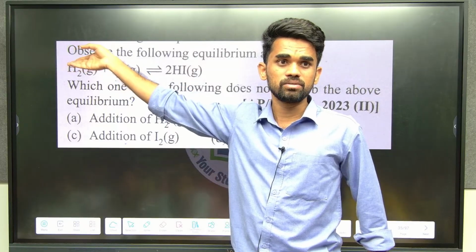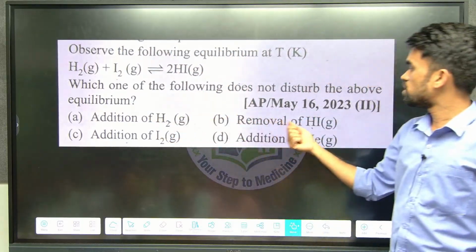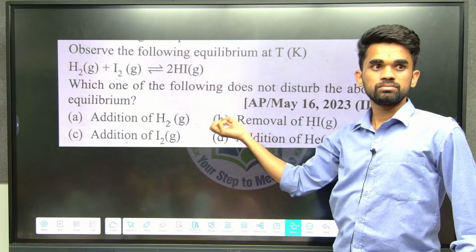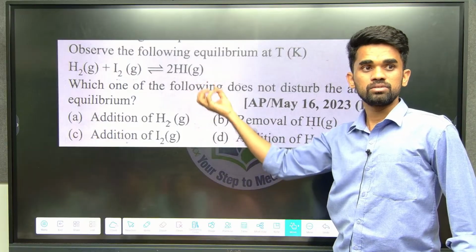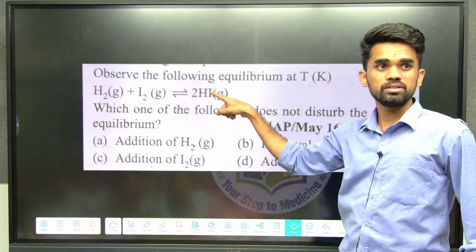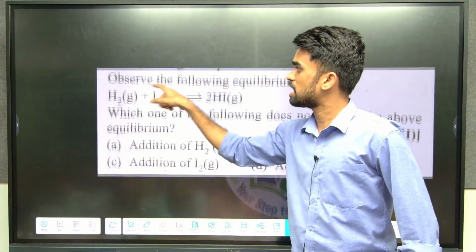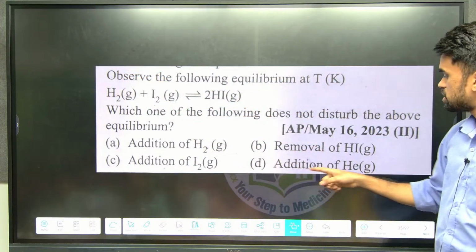Forward. So it will be disturbed by adding H2. Removal of HI. If I remove this, what happens? It decreases the concentration of product. What happens if you remove this? Forward. Okay. Addition of I2. You are increasing the concentration of reactants. Forward. Okay. Addition of He.